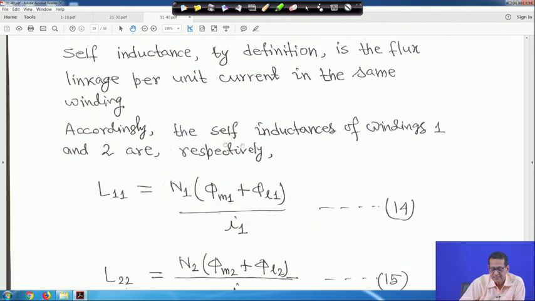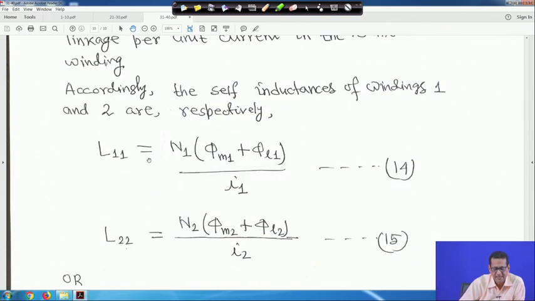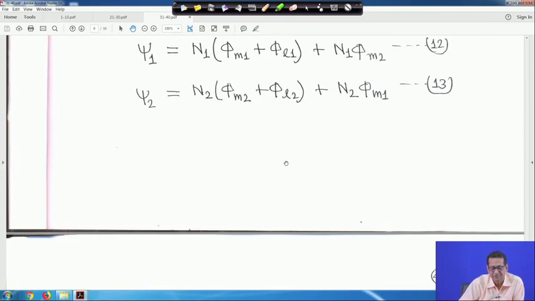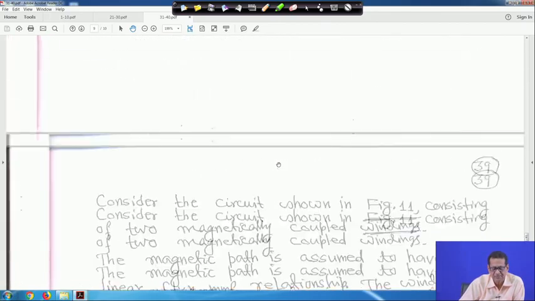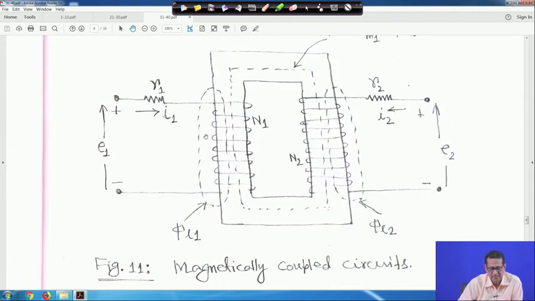Accordingly, the self inductances of windings 1 and 2 are respectively, L11 will be N1 into phi M1 plus phi L1 upon I1, because if you come to this diagram, because of this current I1, the flux linkage is phi L1 plus phi M1.